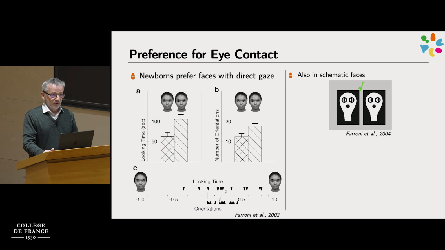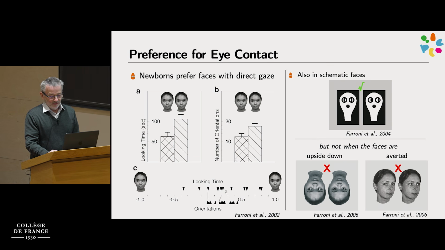This can also be shown by just showing them schematic faces. They don't have to be real faces, which suggests what kind of template they might have about a communicative face. There's also evidence that this is not based on simply a preference for symmetry, because if you turn the faces upside down, they don't show the effect.